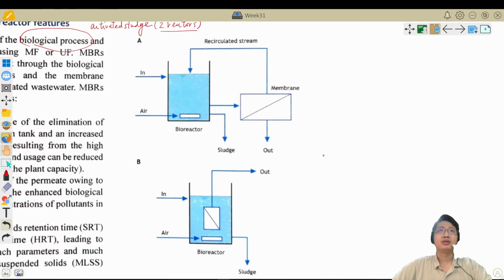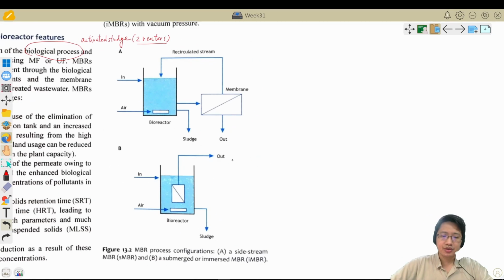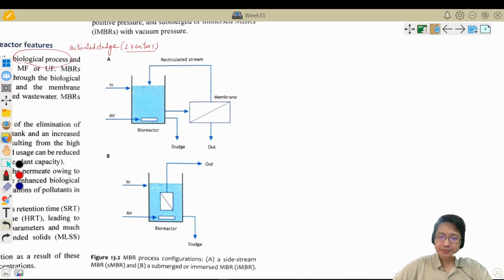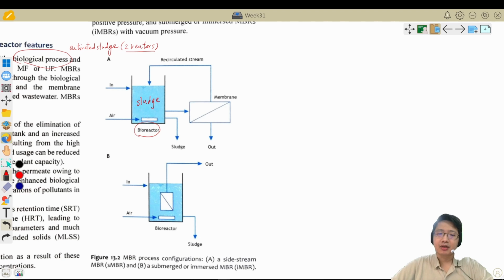So let's discuss these two systems here. For the upper one, here is your bioreactor, which means your sludge is staying here, and when you flow your effluent out of the bioreactor, the effluent will directly go through a membrane module here.